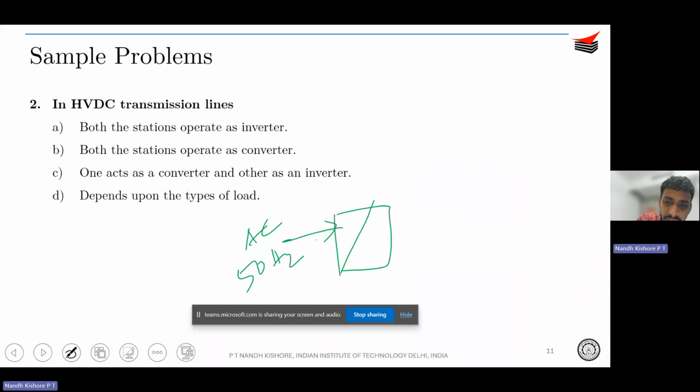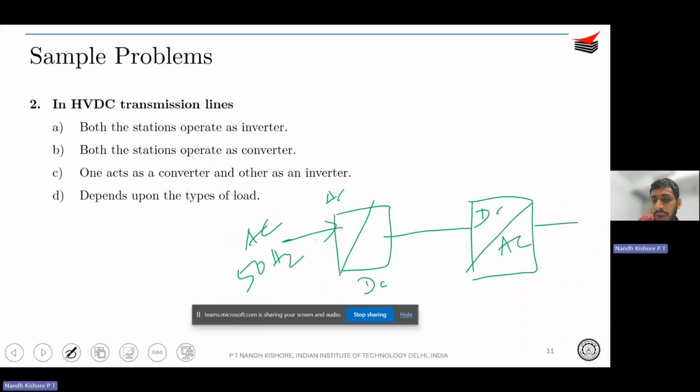So it is then converted from AC to DC. Then you have the transmission line, and again you have DC to AC conversion. This can be AC of 50 hertz or 60 hertz as well. Irrespective of that, you have an AC to DC conversion block over here, and again a DC to AC conversion block.